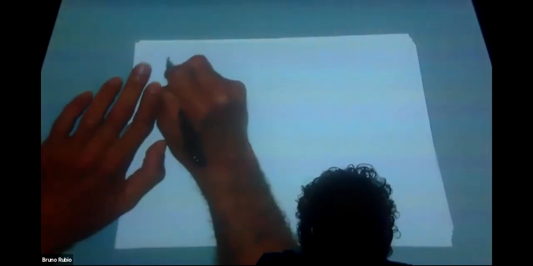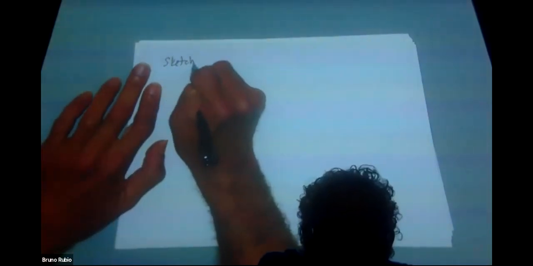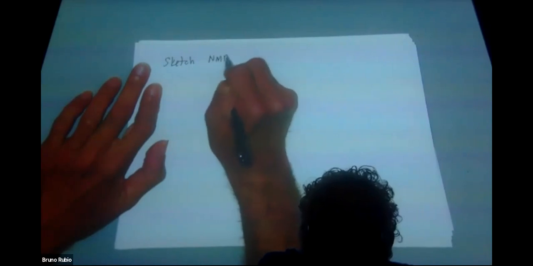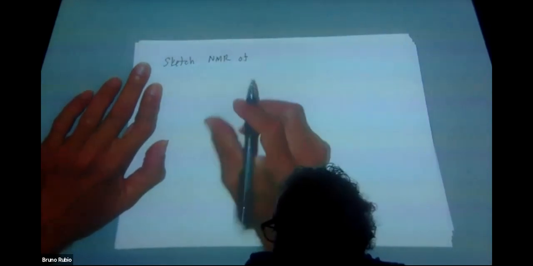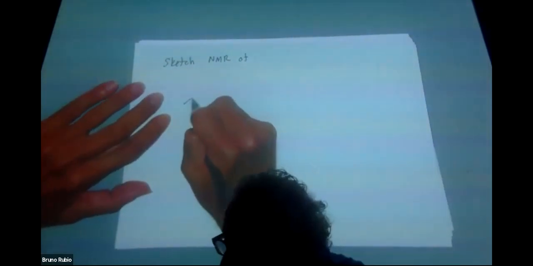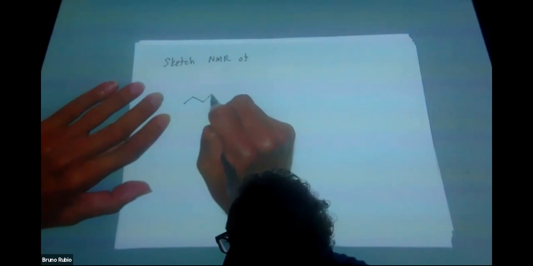Okay, so sketch the NMR of, let's see, sketch the NMR of this guy here.